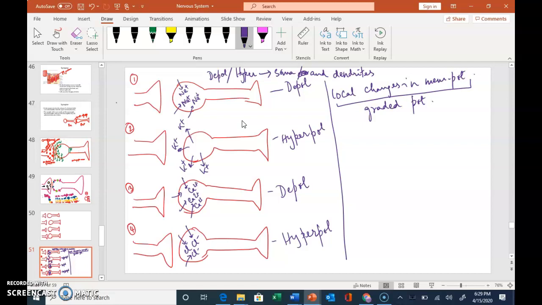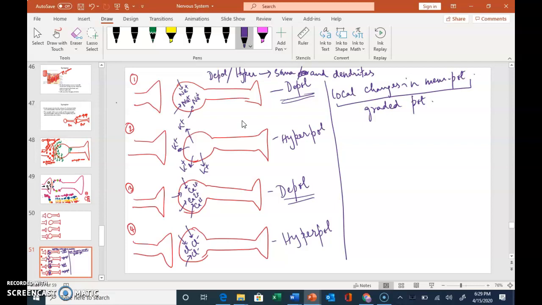Let's take the entry of sodium and entry of calcium, for example, where we have depolarization. Let's take number 1 and number 3. Now, we know that when positive charge enters, the cell is depolarized, right? And this local depolarization is called graded potential.